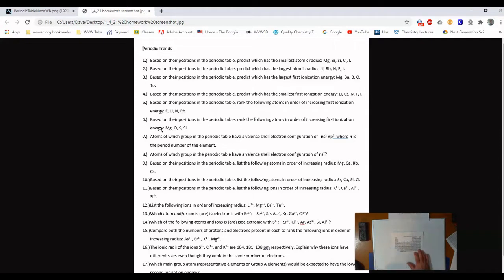So let's take a look at problem number 1. It says, based on their positions in the periodic table, predict the smallest atomic radius, taking into consideration magnesium, strontium, silicon, chlorine, and iodine.